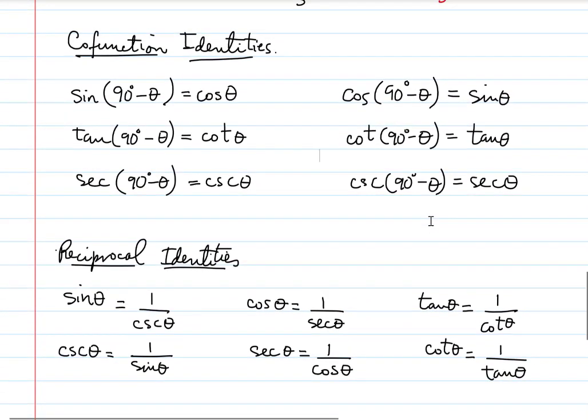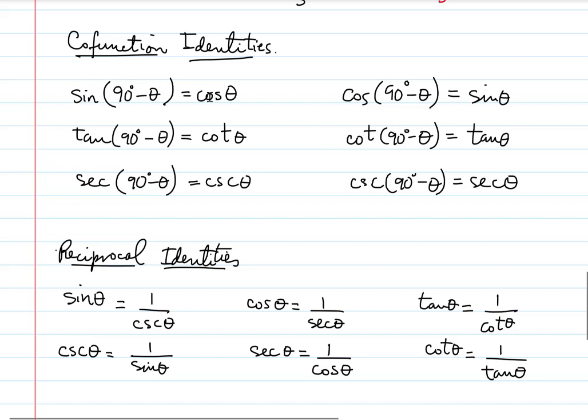Now, one thing I want you to make sure of is not to confuse these two, cofunctions and reciprocal identities, because that's a typical mistake here. Sometimes we mistakenly think, oh, okay, sine is reciprocal of cosine. No, sine is reciprocal of cosecant.